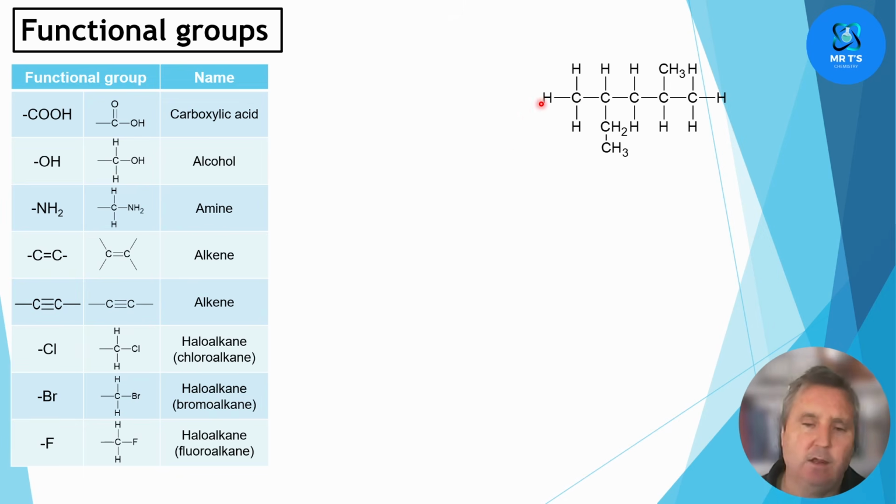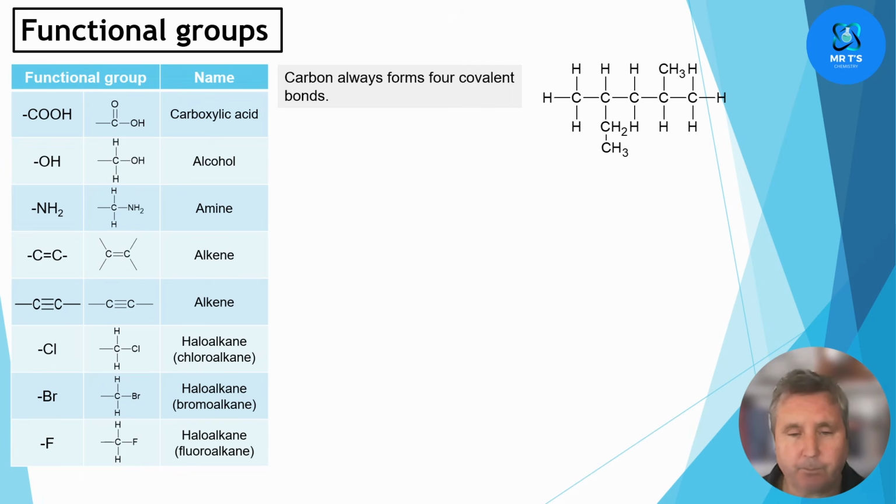Now this is an alkane, and this is called just a hydrocarbon because it is made up of just carbons and hydrogens. Now you can notice here that every carbon always forms 4 bonds, and every hydrogen just forms 1. So remember on this carbon here, 1, 2, 3, 4 bonds.